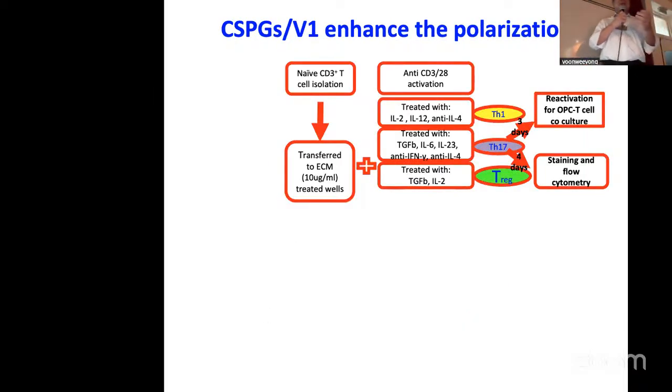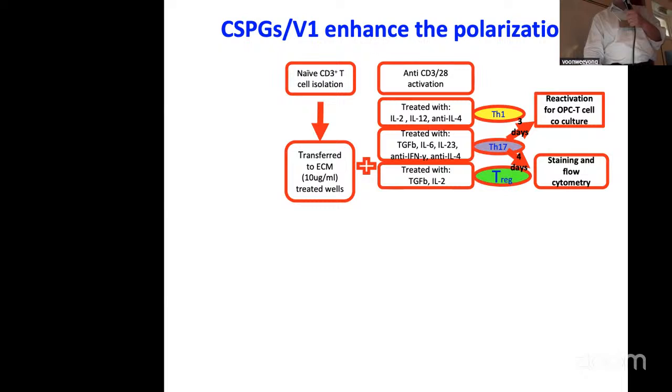Furthermore, CSPGs are important and have roles in the polarization as well as the toxicity of T cells. So in this example, we have taken naive T cells and polarized them in different directions to form T helper 1 or T helper 17 pro-inflammatory cells, or Th2 or regulatory T cells. And we have simply added CSPGs to that environment.